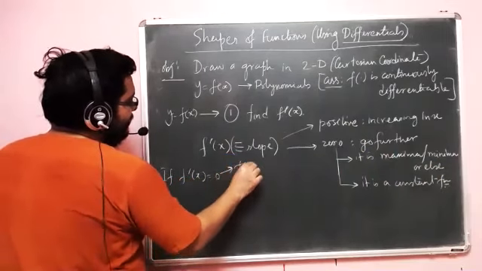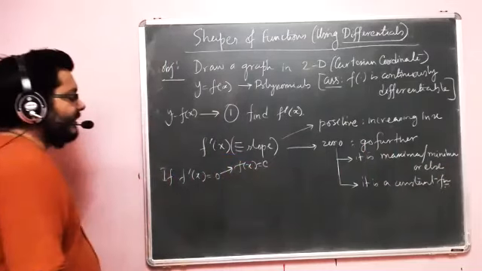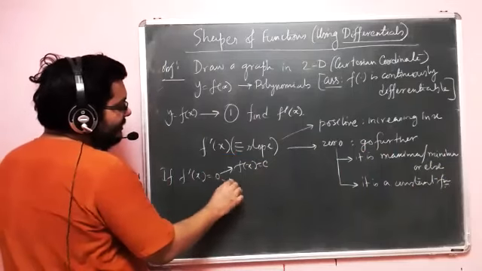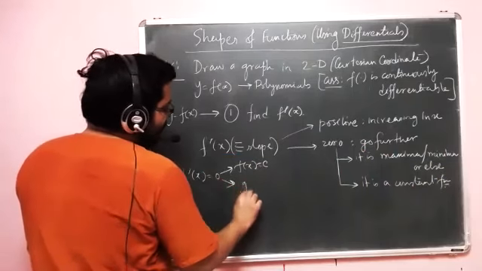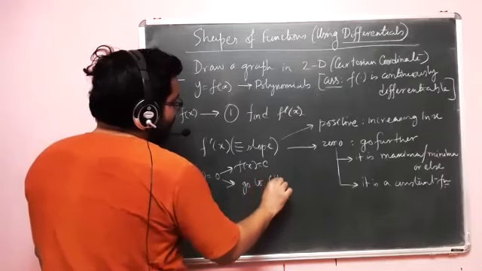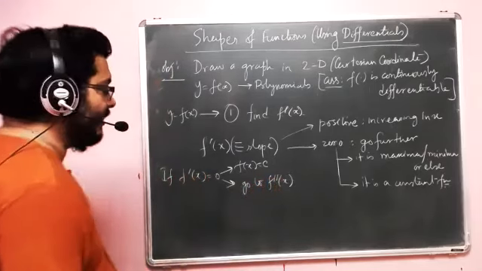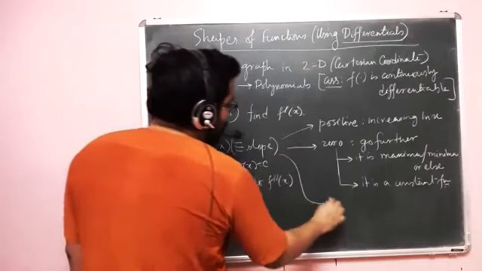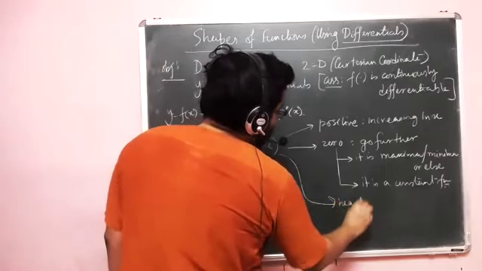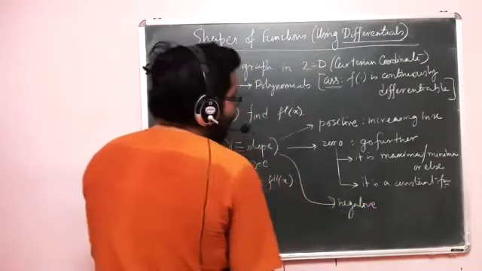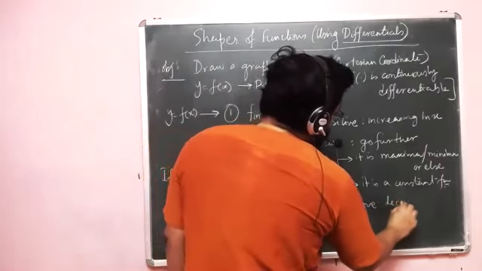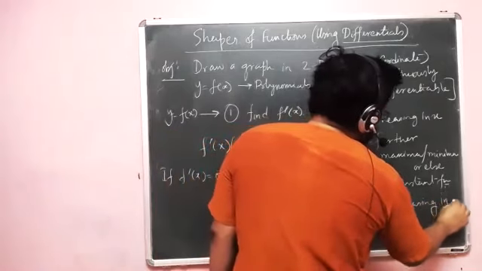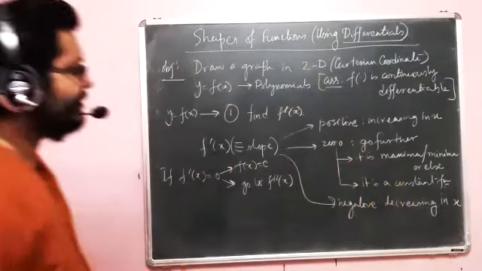Either the function looks like f of x equals c, which we can understand simply by integrating, or we go on to the next derivative, because otherwise we cannot comment. The third possibility is negative, in which case we say that the function is decreasing in x. So there are three possibilities.